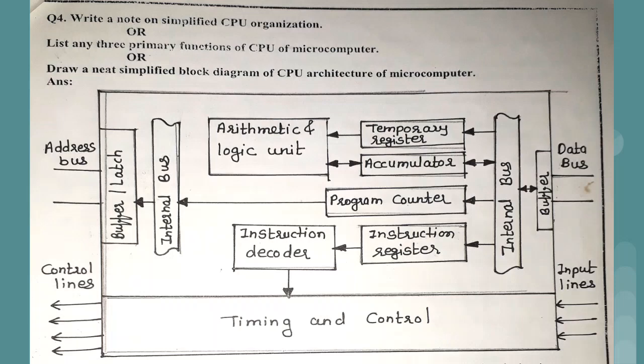Then this instruction decoder is connected to the timing and control section. And as we have seen, the program counter is connected to the internal bus, and again this same internal bus is connected to the buffer and latch, and then we are having address buses and control lines. Okay, so this is the block diagram of CPU architecture.